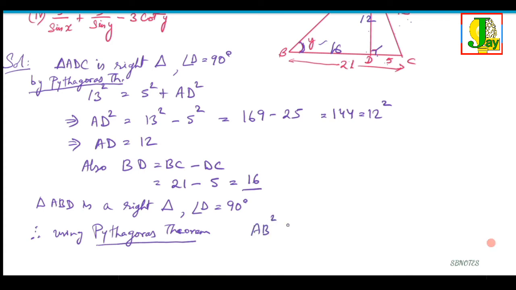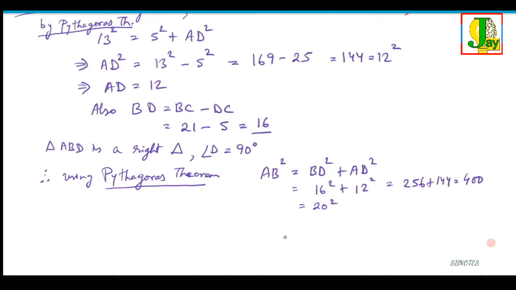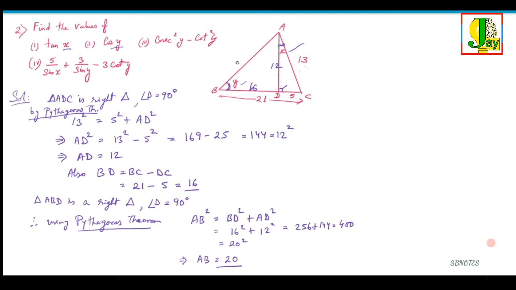So AB square equals BD square plus AD square, that's 20 square. Therefore AB equals 20. Now we have got all the sides. Now we can easily find all the ratios since we have all the sides.